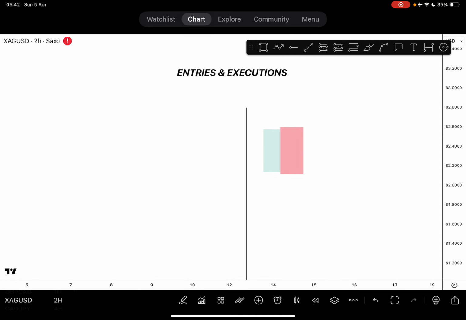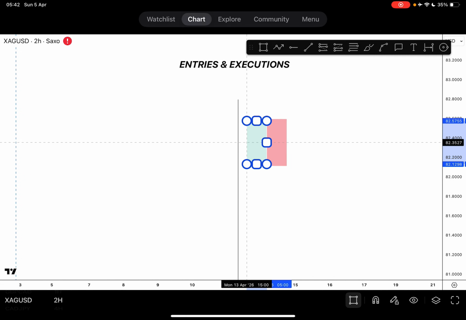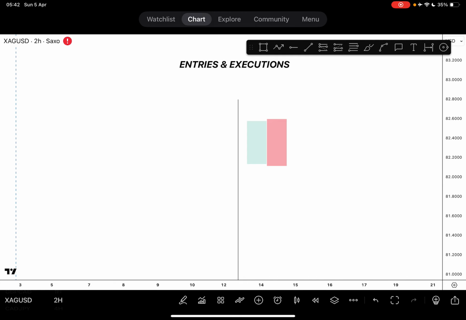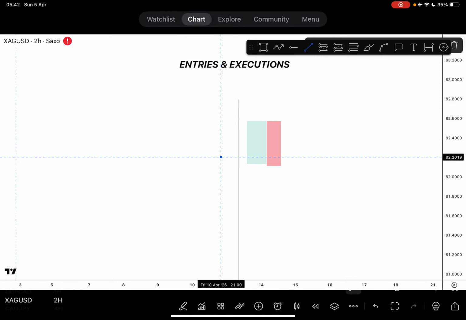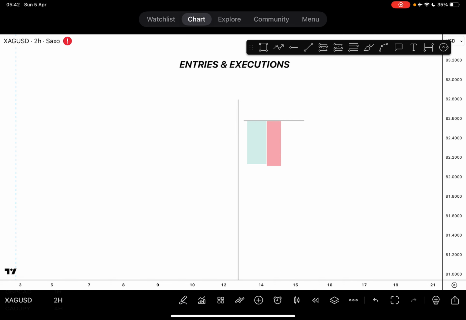When we have something like this, this can give us what's called an A-shaped key level. This area, where the first candle closed and where the second candle opens, can give you a key level. So the line where the close of the first candle and the open of the second candle intersect is your key level.